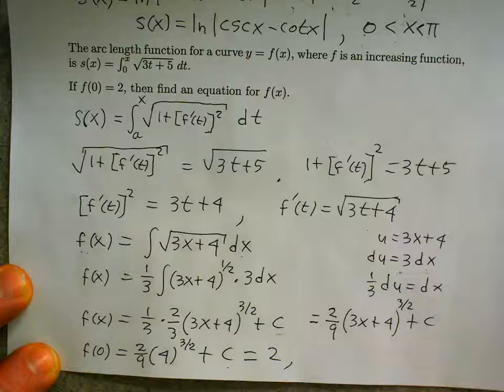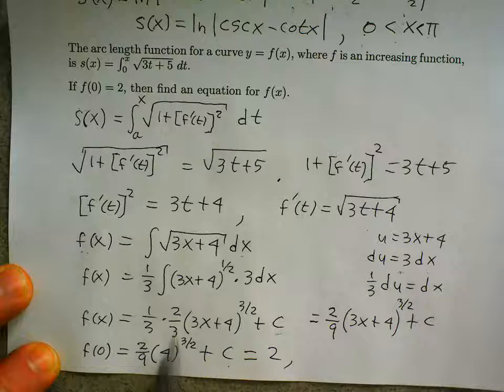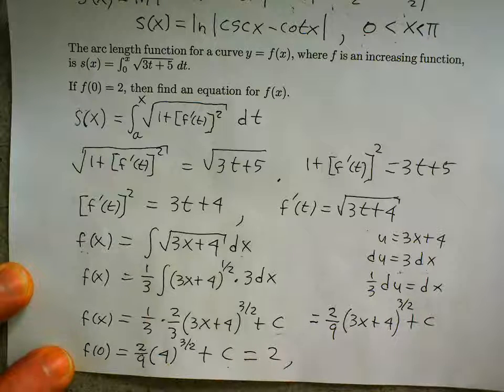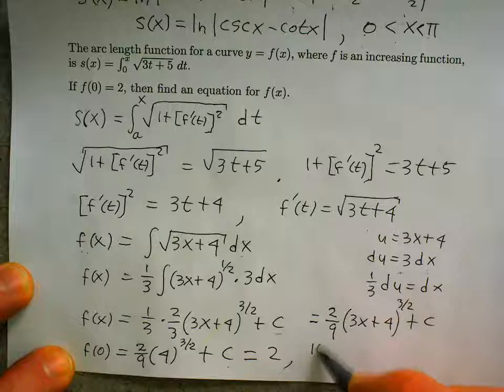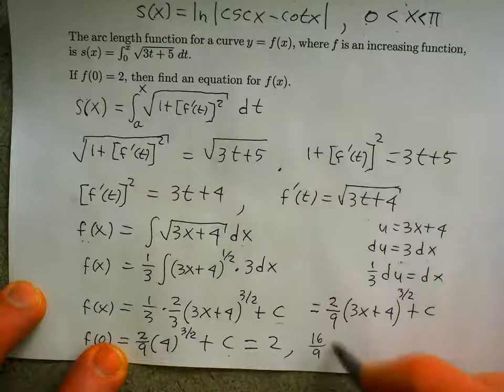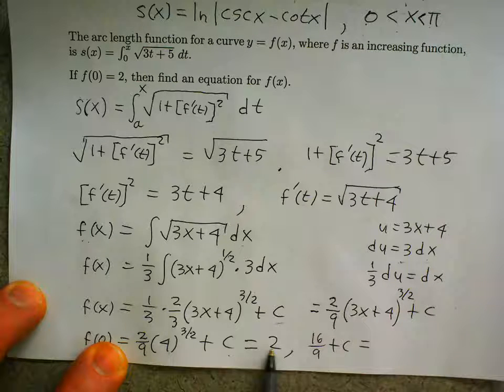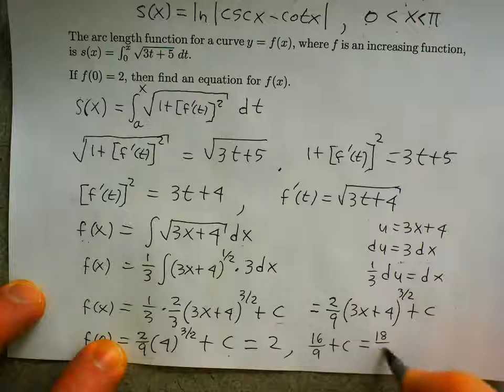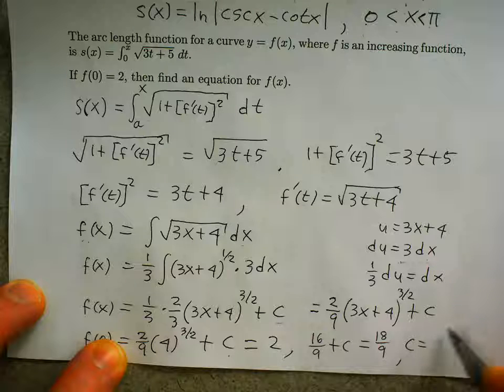Okay, so just a little bit more arithmetic. 4 to the 3/2 is 8. 2/9 times 8 is 16/9. So 16/9 plus c is equal to 2, but I'll write 2 as 18/9. So we have a common denominator, and so the value of c is 2/9.